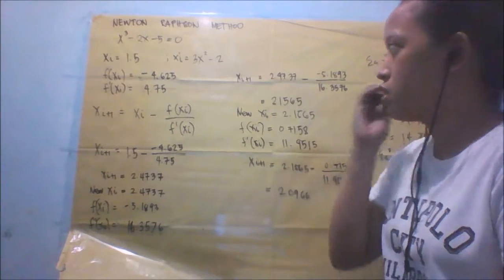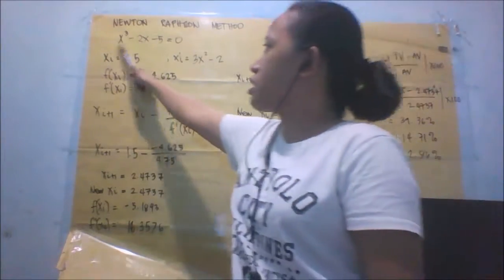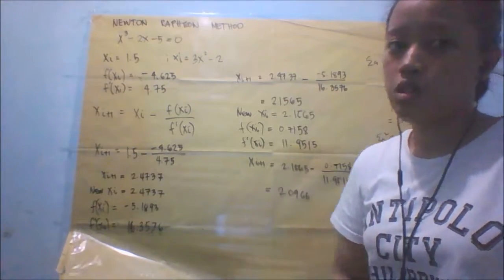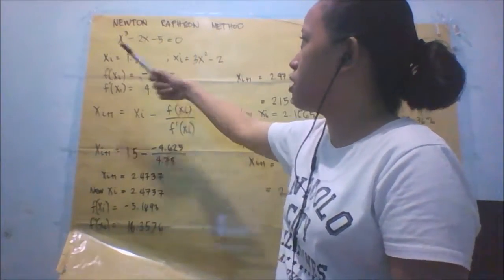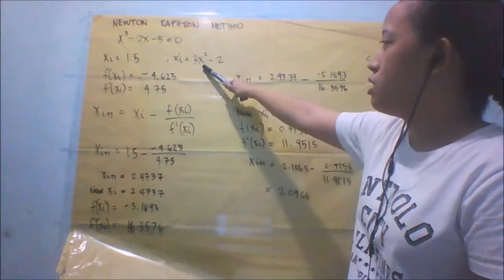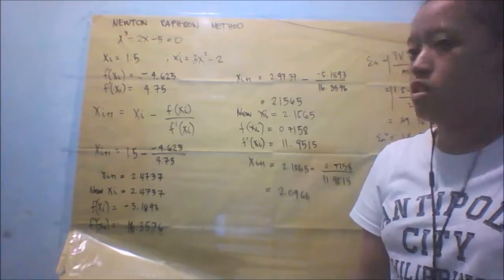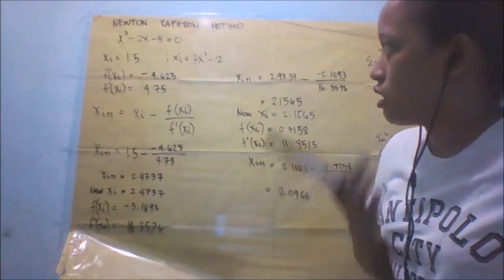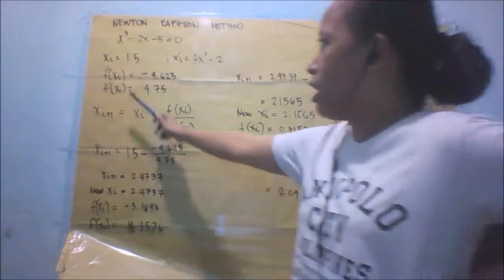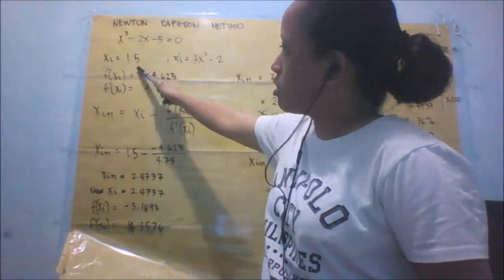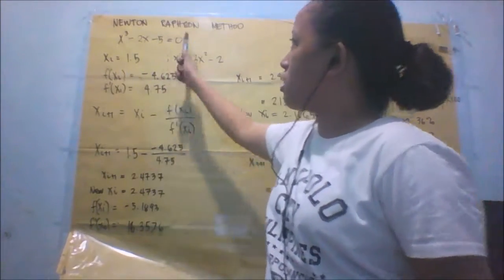We have an assumption that our xi will be 1.5. First, you have to get the first derivative of this function, which is 3 times x squared minus 2. Next, you have to get the f of xi by substituting the value of xi in our function.